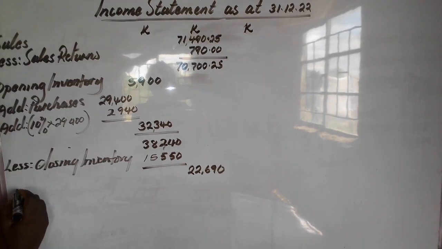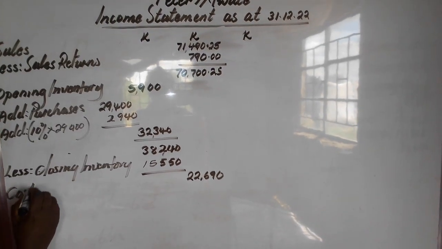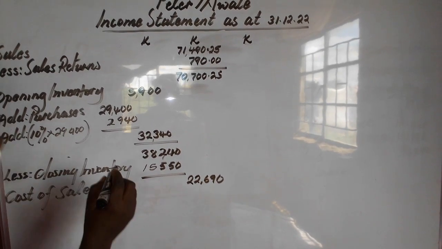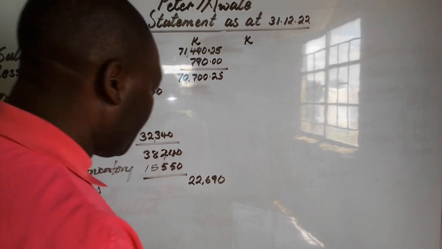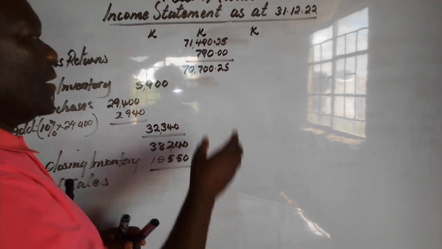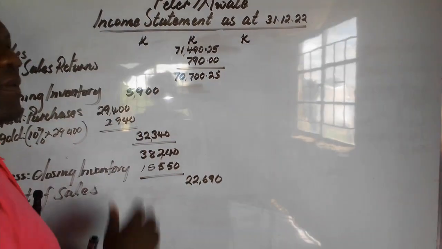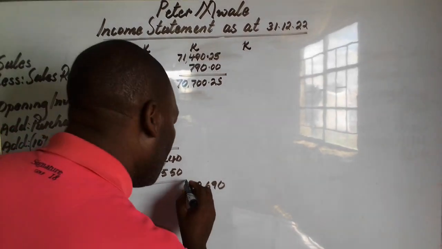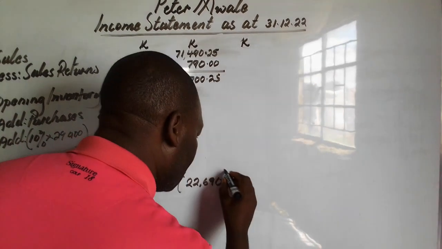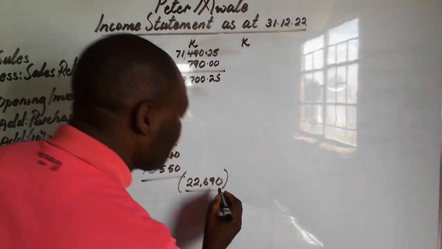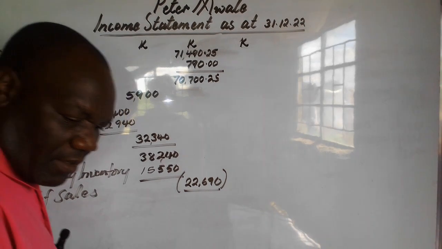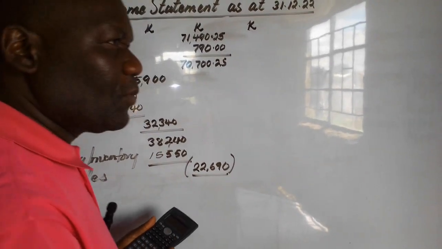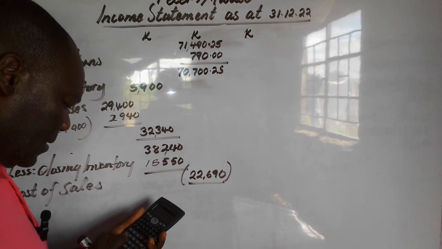This is the cost of sales. So the cost of sales directly affects our sales there. So we less now.